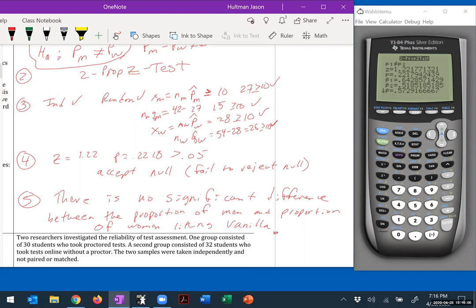I'm going to upload a 2 sample practice sheet that we're going to go over on Thursday. So I'm going to upload that to Canvas right now, so make sure that you download that.